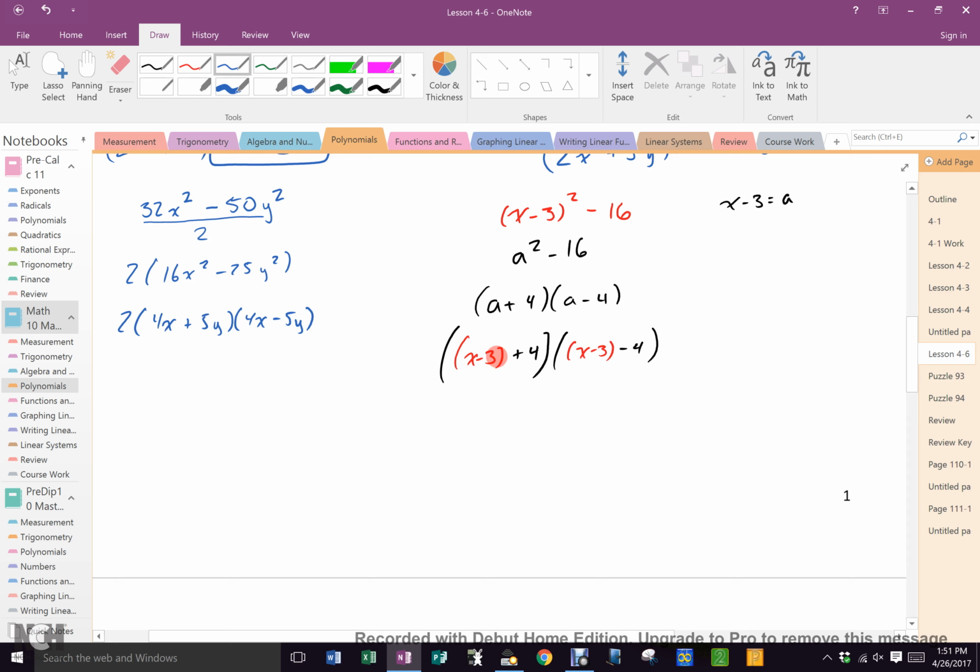So what is x minus 3 plus 4? What's negative 3 plus 4? X plus 1. And what's negative 3 minus 4? Really, El? X minus 7. Does everybody see?